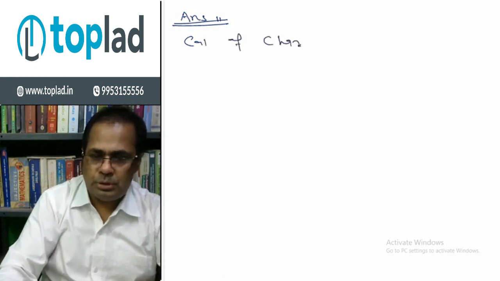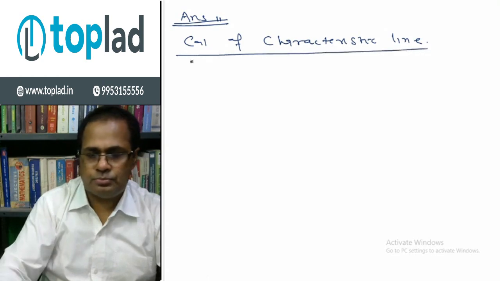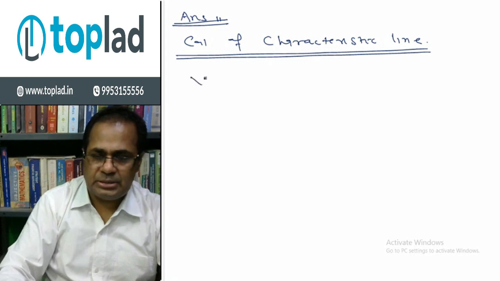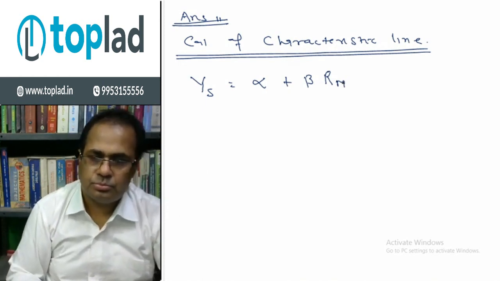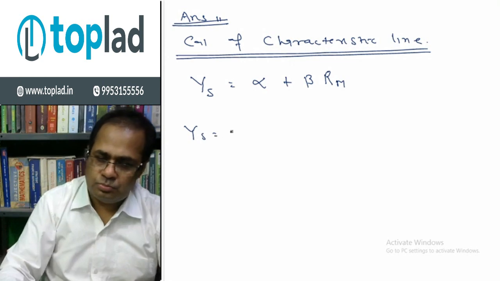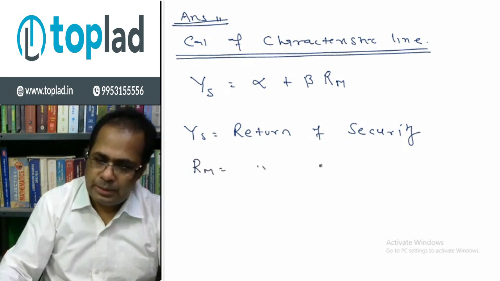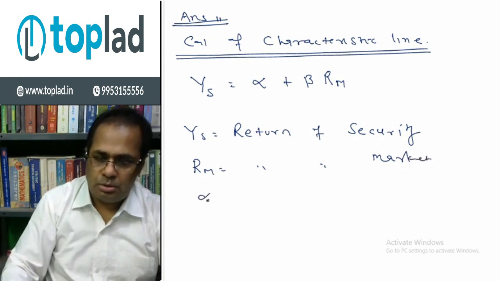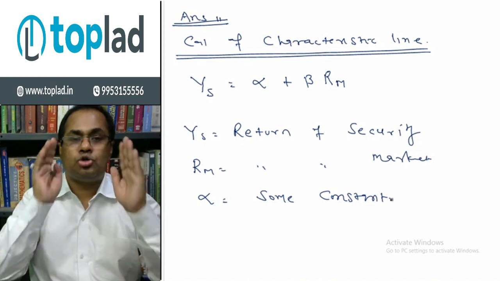The characteristic line is: return of security equals some constant alpha plus beta into return of the market, where return of security, return of market, and some constant, whose value is determined on the basis of past data.